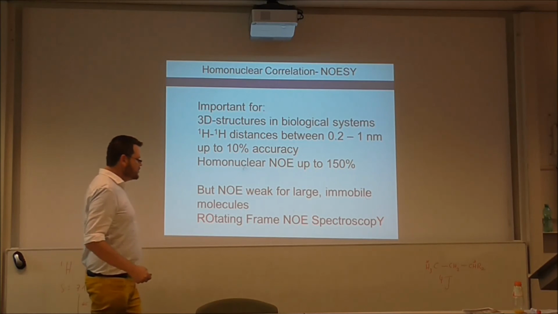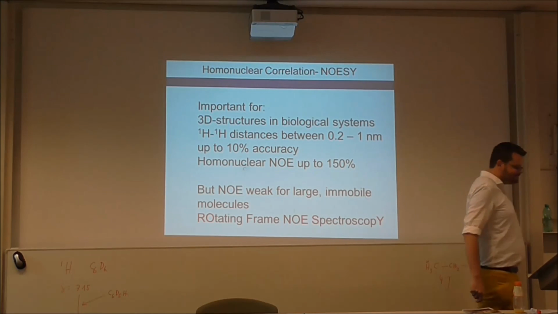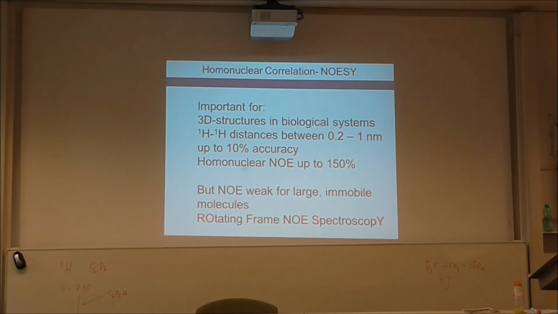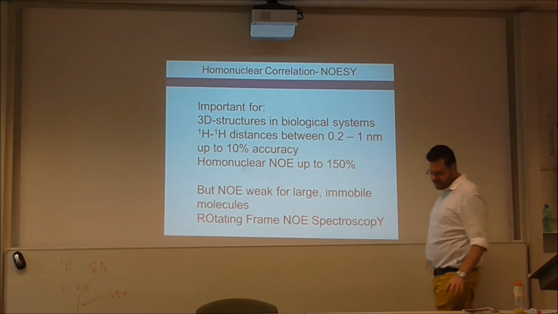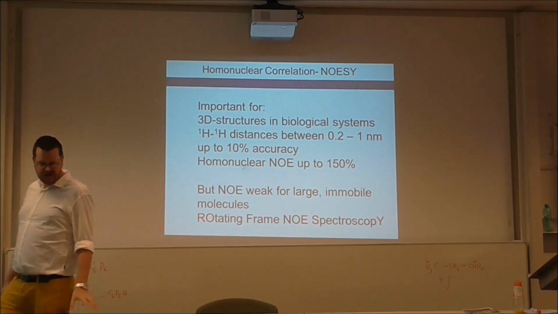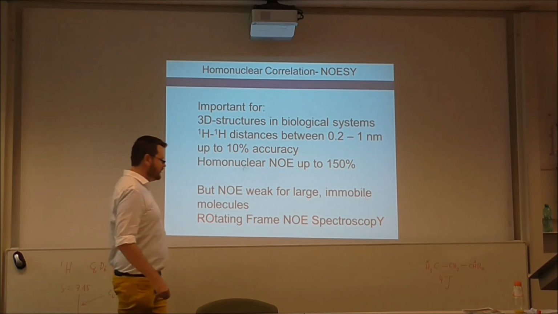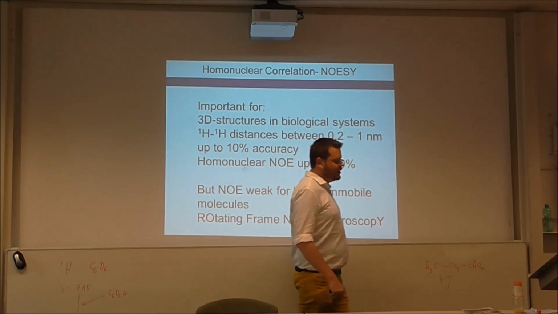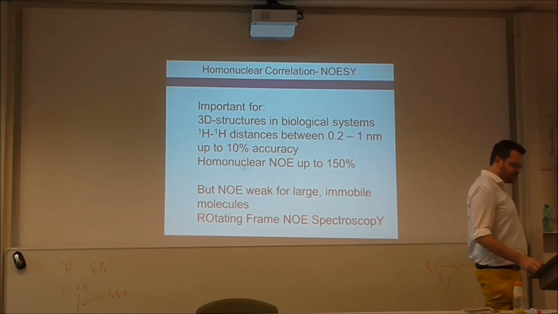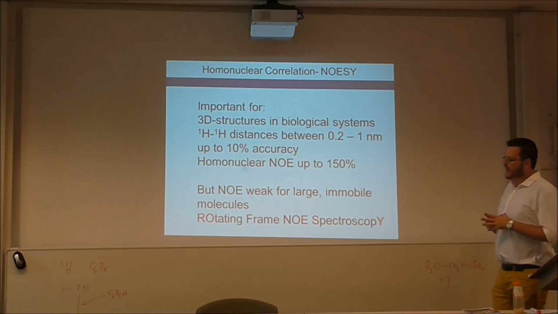Just one final note on NOESY. The nuclear Overhauser effect is rather weak for large molecules. So we have another NMR experiment, which I just want to briefly mention, called ROESY, which is rotating frame nuclear Overhauser effect spectroscopy, which is a way of enhancing the nuclear Overhauser effect for large immobile molecules.